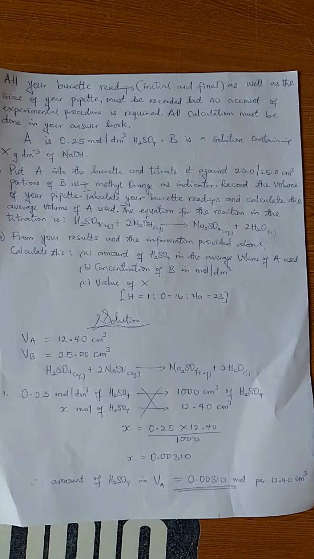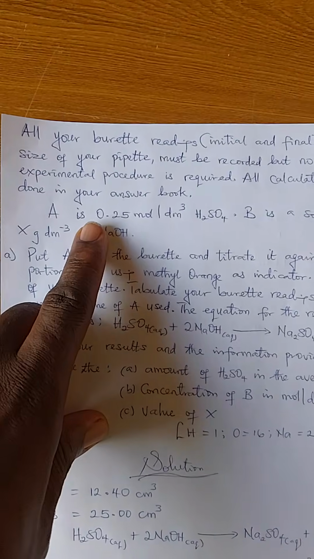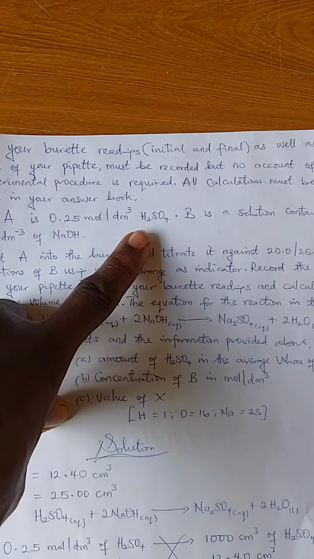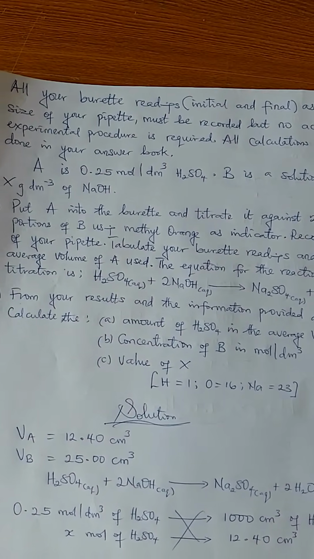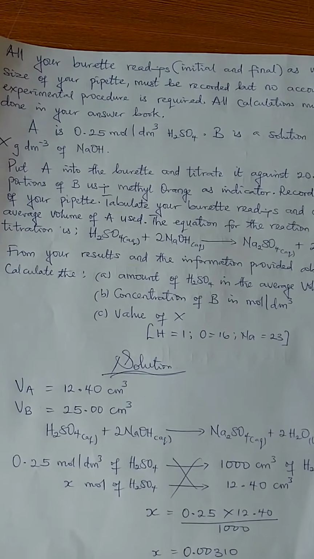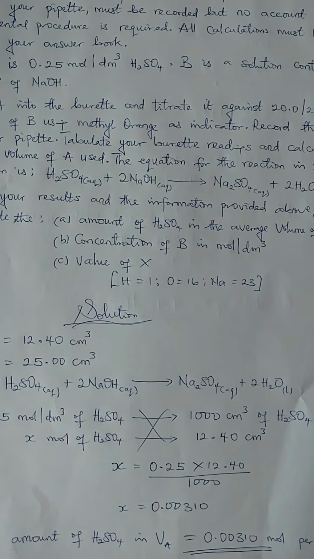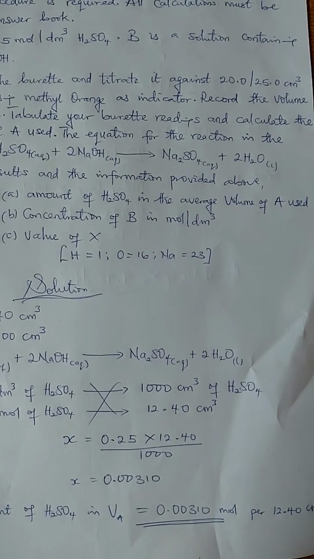All right, in this second prediction, they give you A to be 0.25 mole per dm cube of H2SO4 and B to be a solution containing X gram per dm cube. And under the questions, after all the preambles, you are asked to find the amount of H2SO4 in the average volume of A used.